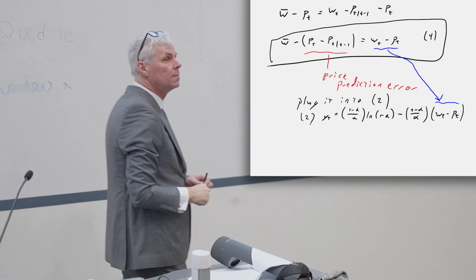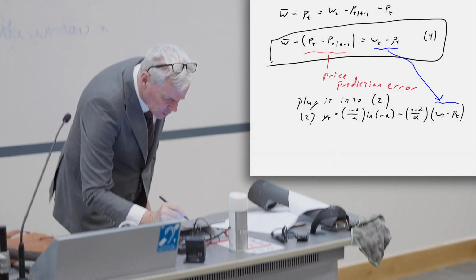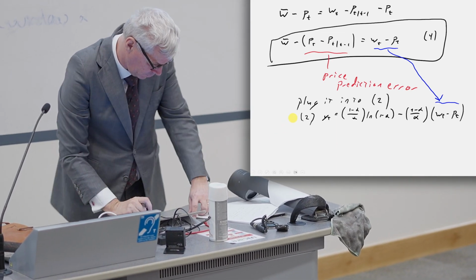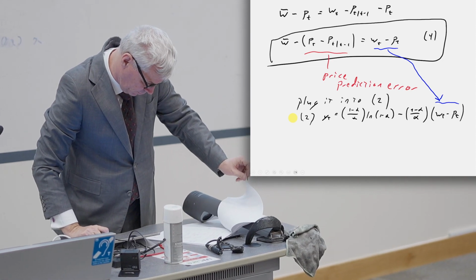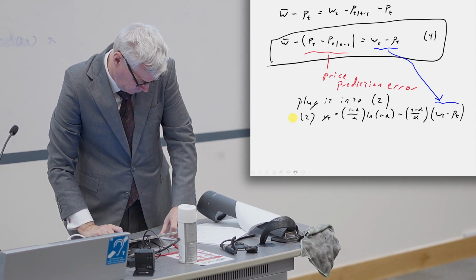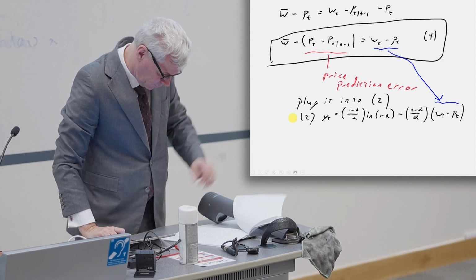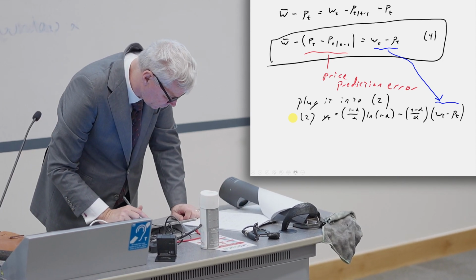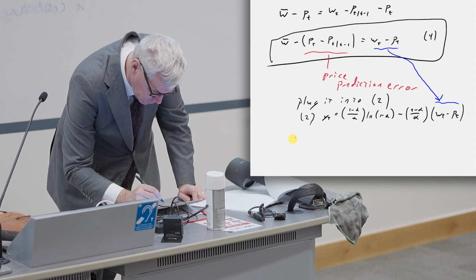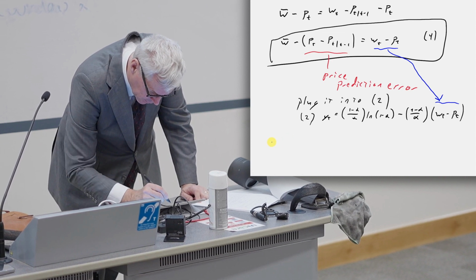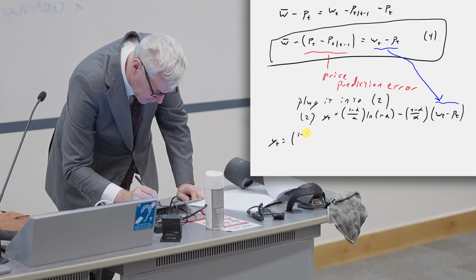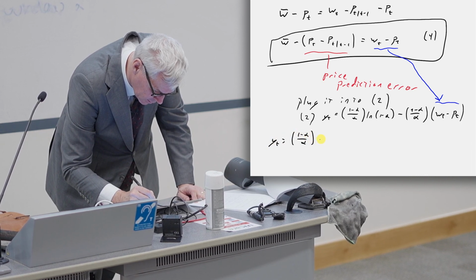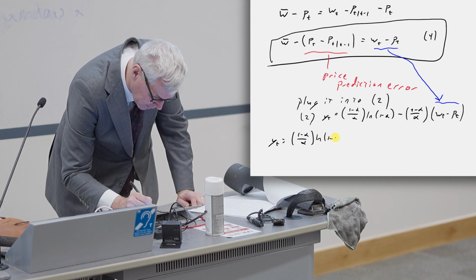Okay. So I get yt equals (1 minus alpha) over alpha, ln(1 minus alpha).